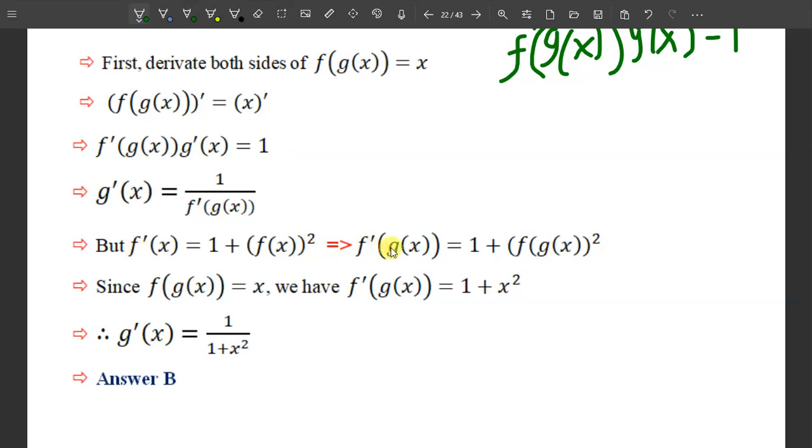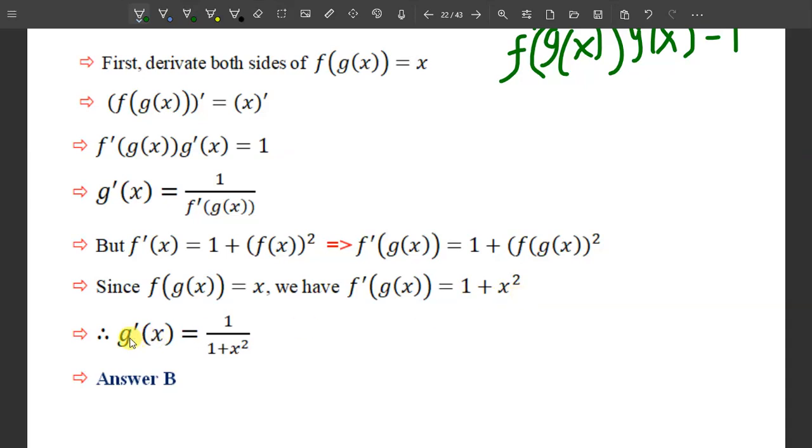This implies that f prime of x is equal to 1 plus f of x whole squared, so f prime of g of x is equal to 1 plus f of g of x whole squared. Since f of g of x is equal to x, replace this composition of function by x. It becomes f prime of g of x equals 1 plus x squared.